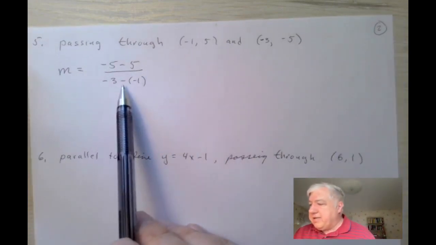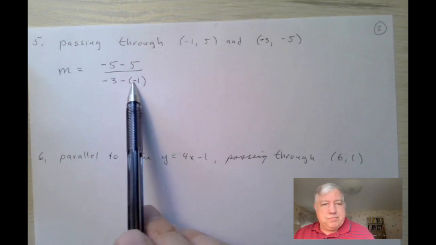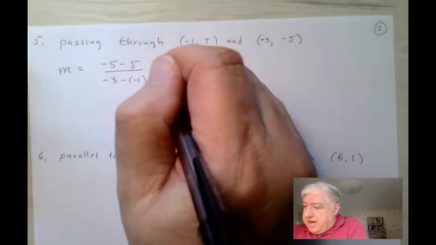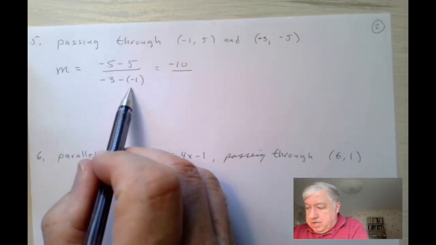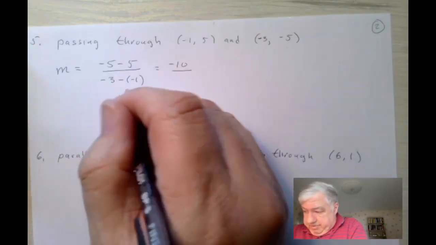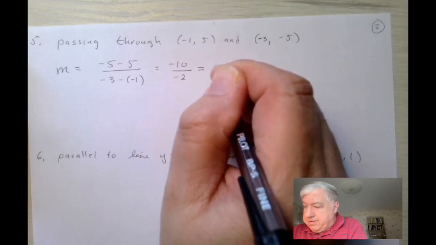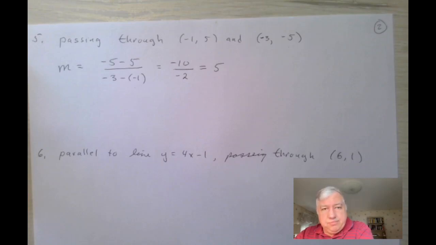This first minus comes from the fact that we're taking the difference in the x coordinates. And this minus 1 comes from the minus right here. All right, so negative 5 minus 5 is negative 10. And this is negative 3 plus 1. Negative 3 plus 1 is negative 2. So it looks like this is 5. Okay, the negatives cancel out.